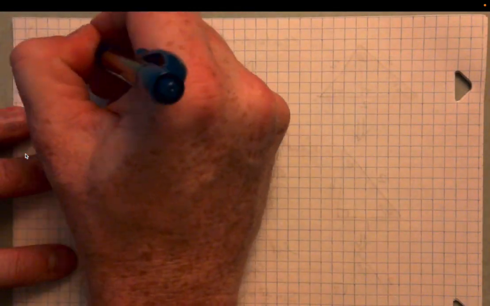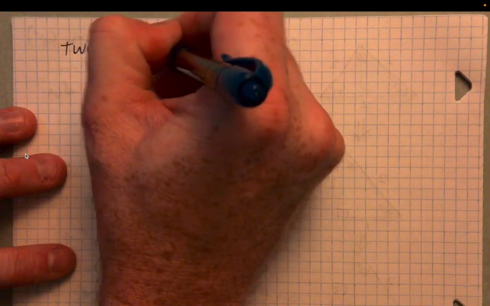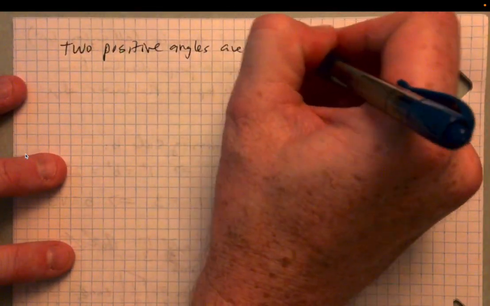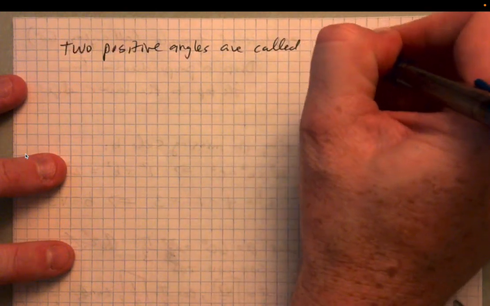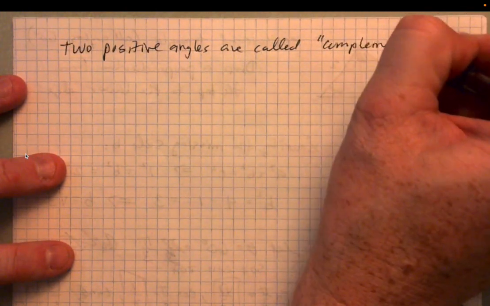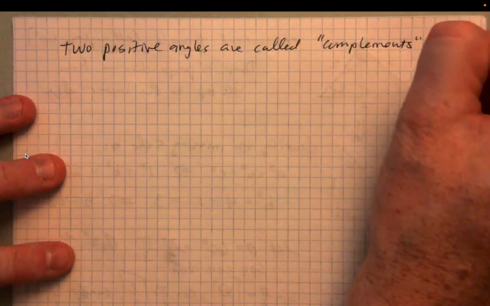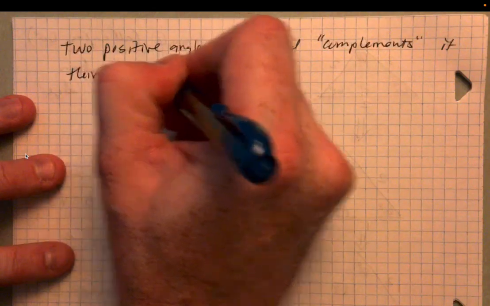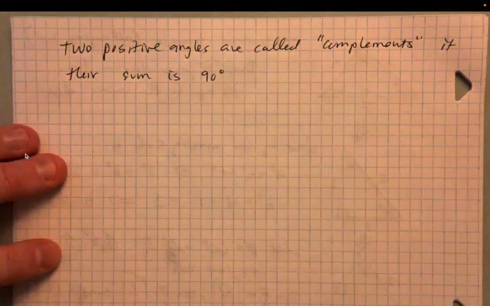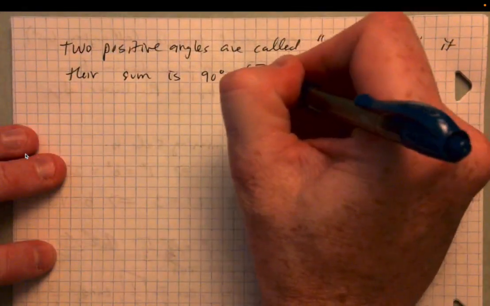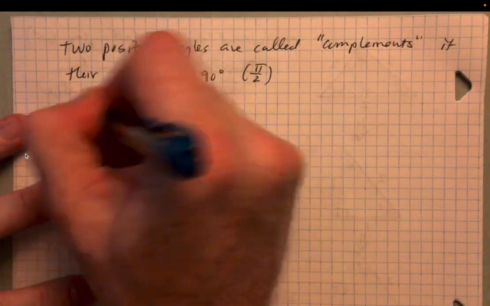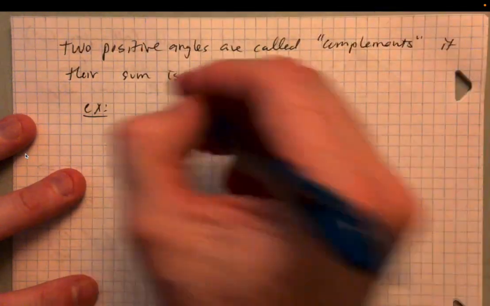So let's define that. Two positive angles are called complements if their sum is 90 degrees, otherwise known as pi over 2. So for example, pi over 3 and pi over 6 are complementary.